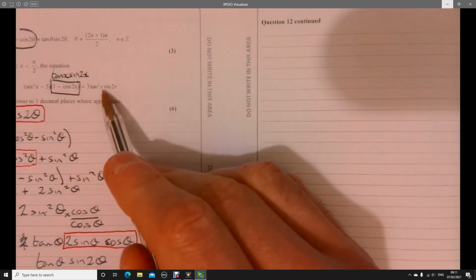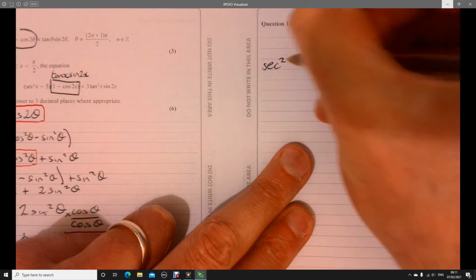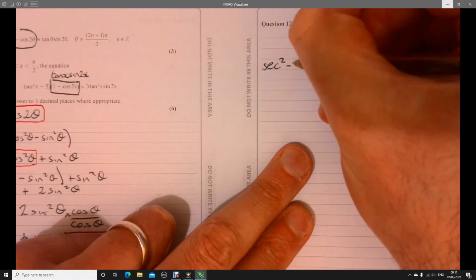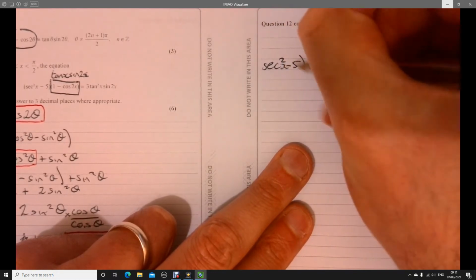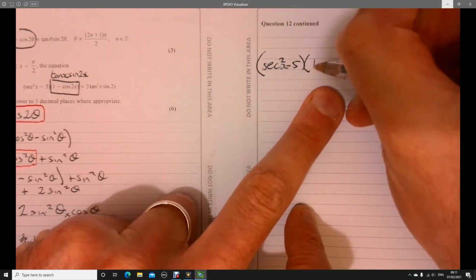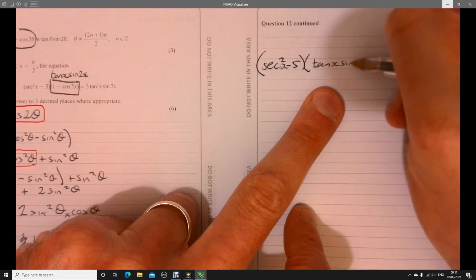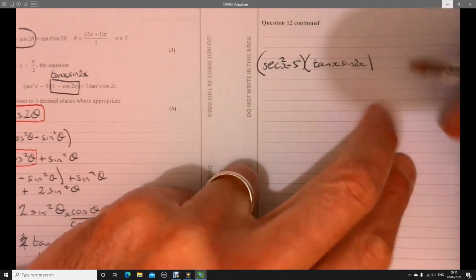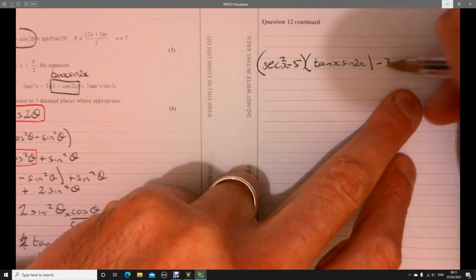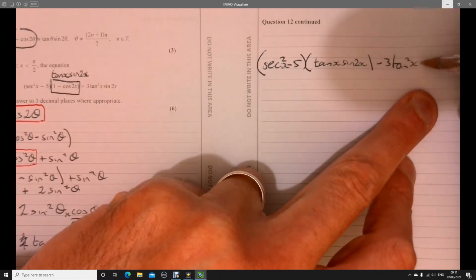So let's take this away from both sides and see where we get to. Now again, this question really is just about having the confidence to just try some stuff out. So we've got tan x sine 2x, and we're going to take away 3 tan squared x sine 2x.